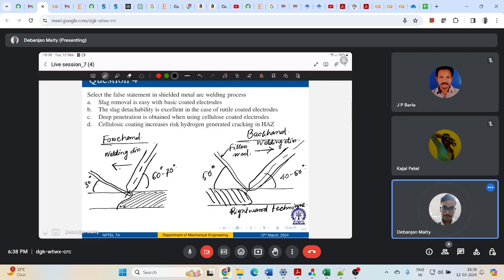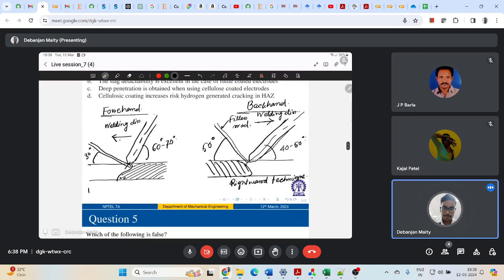In the leftward method, the filler rod is directed towards the welded part of the joint, right? And my flame is pointed in the direction of welding, so it basically preheats the edge of the joint, which is not the case for this backhand or rightward one, right?